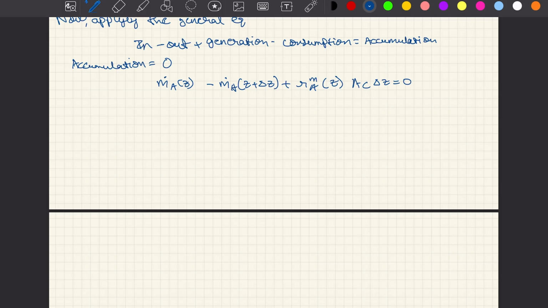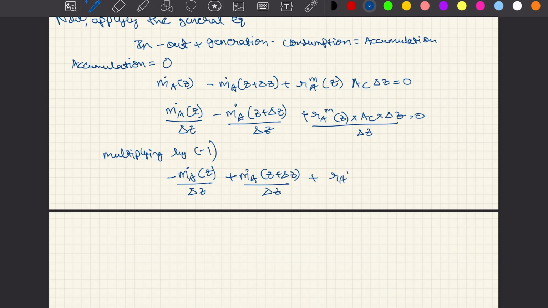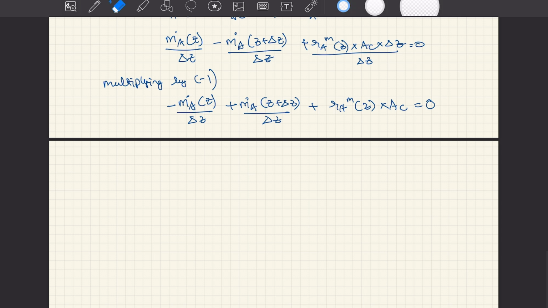Now, using similar methods as we used in moles, we'll divide this entire equation by delta Z. Now multiplying this equation by minus 1. Now let's rearrange the terms.